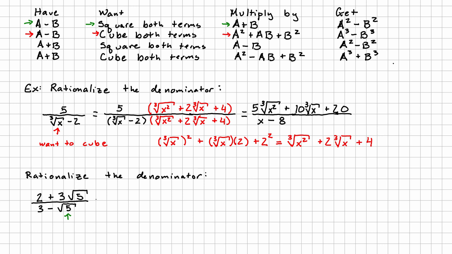So I want to multiply my denominator by 3 plus square root 5. And whatever I multiply my denominator by, I have to multiply my numerator by that same thing.